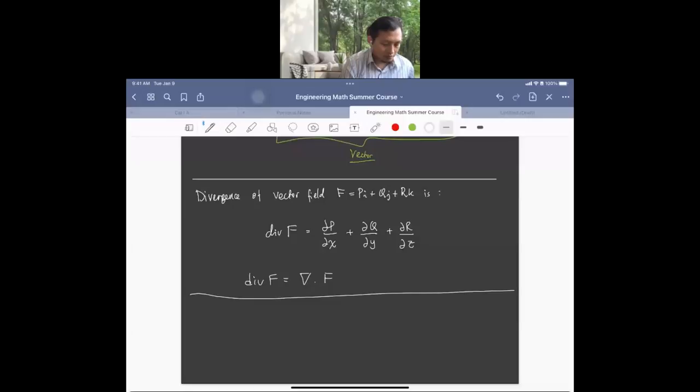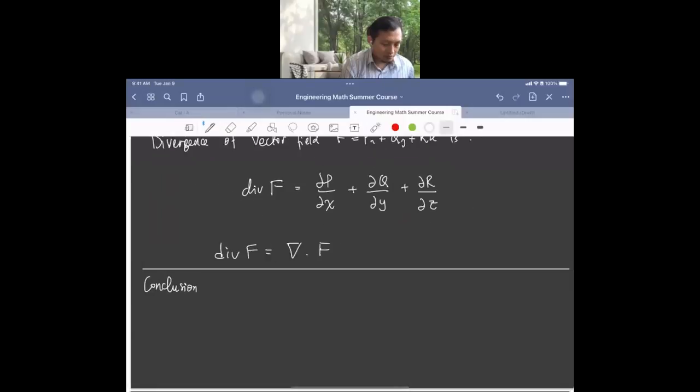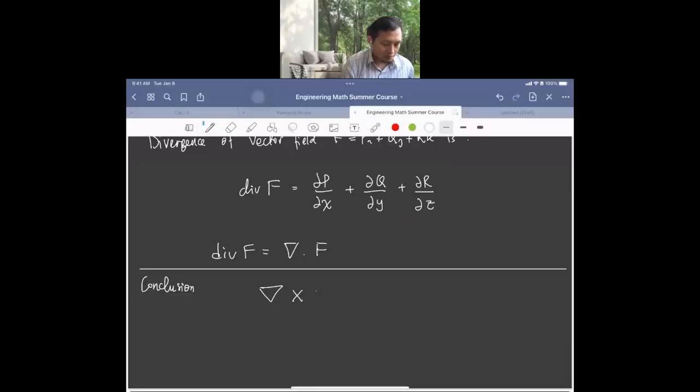Let me write some concluding remarks. We call this the curl of a vector field, and this is called the divergence of a vector field.